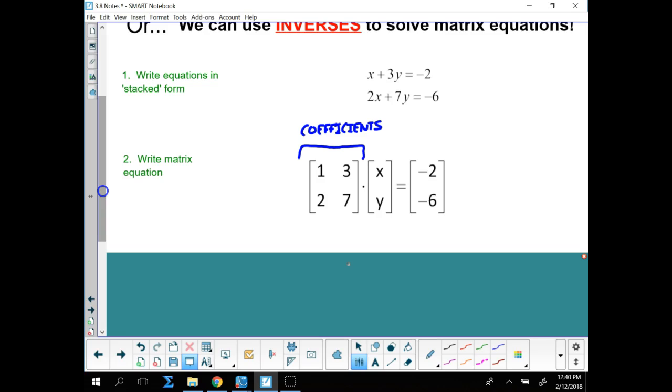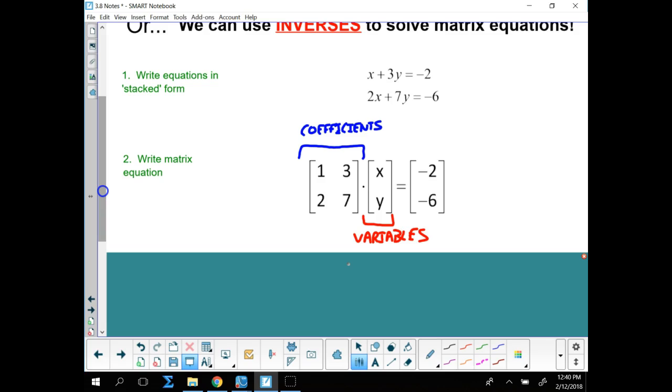My next matrix is my variables. If I had 3 equations with 3 variables, I'd have x, y, and z in that one.